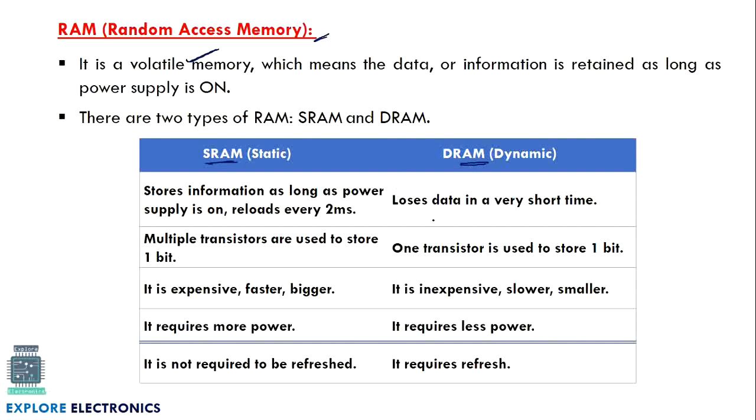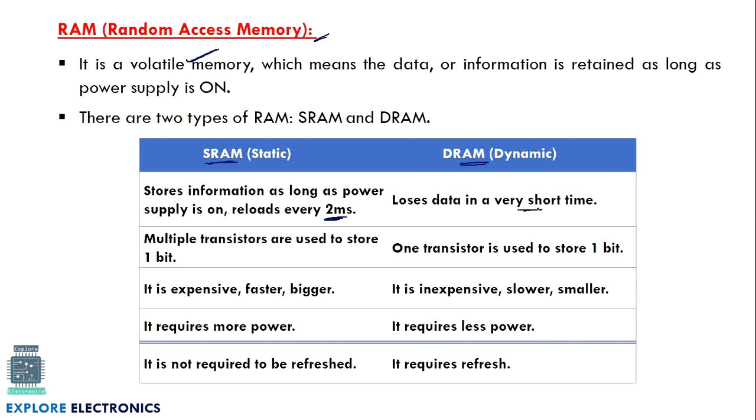You can observe the difference between SRAM and dynamic RAM. SRAM stores the information as long as the power supply is on. DRAM reloads every 2 milliseconds. For every 2 milliseconds, we need to reload the data. Then only it will store continuously. And DRAM loses data in a very short time.